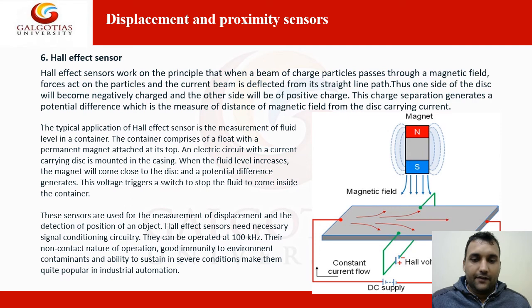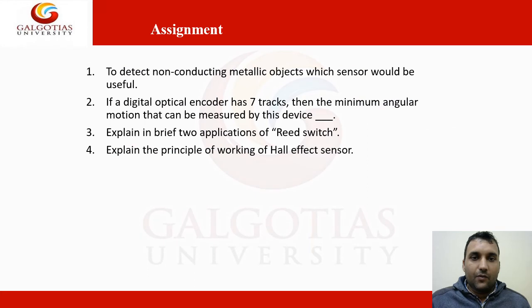The Hall effect sensors need a signal conditioning circuit and they can be operated at 100 kilohertz. Their non-contact nature of operation, good immunity to environmental contaminants and ability to sustain severe conditions make them quite popular in industrial automation.